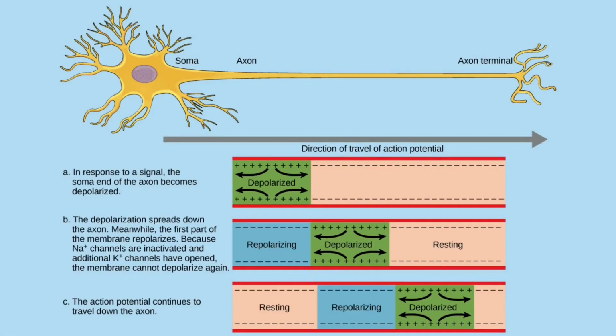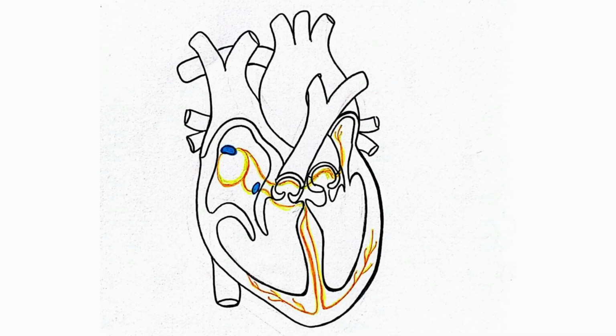Then you might be wondering again, how does the impulse flow throughout our heart and help our heart to pump the blood? Now, we should go back to our understanding about the depolarization wave in the axon of our neuron cell. And it goes the same for our heart.